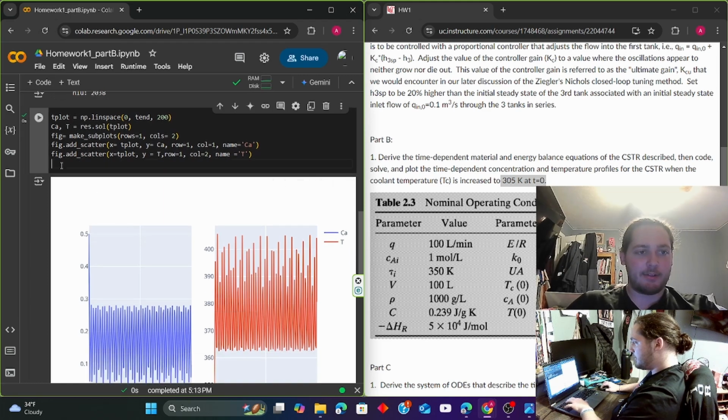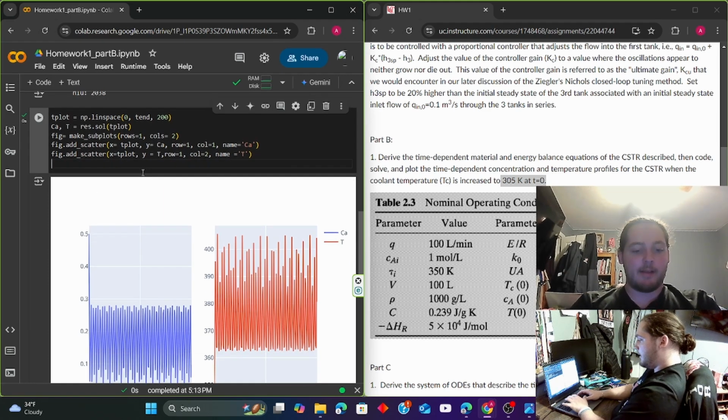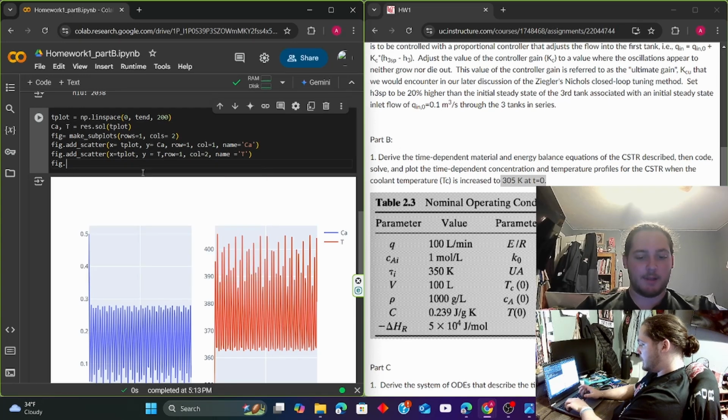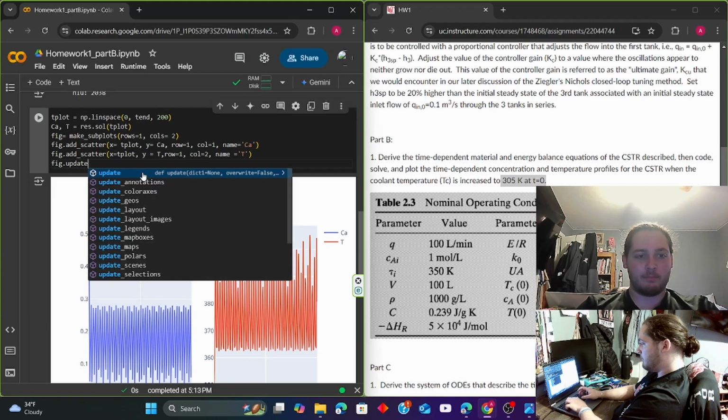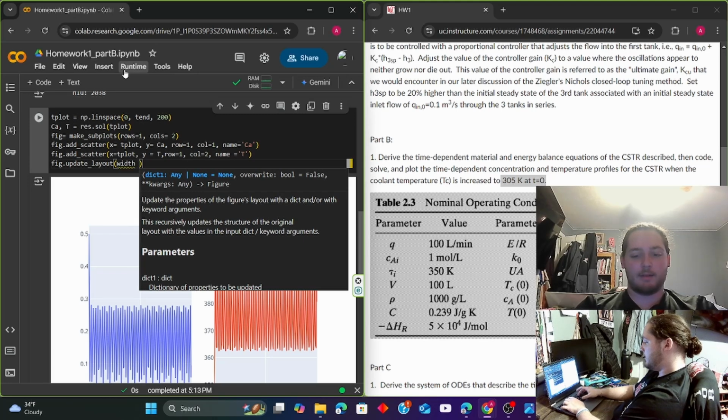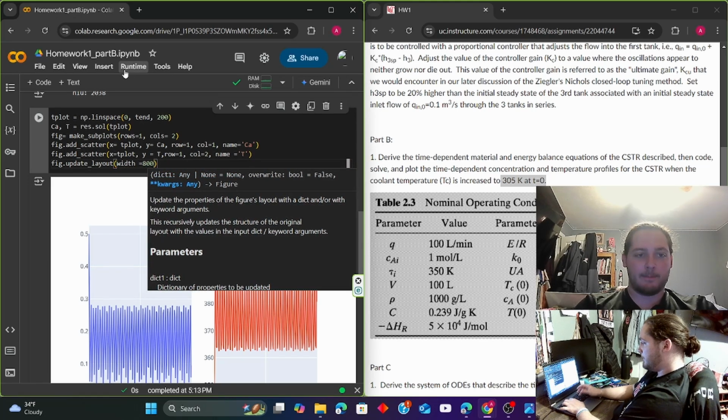I think this should update our layout. Let's go fig.update_layout. Width is equal to 800. Height is equal to 600.